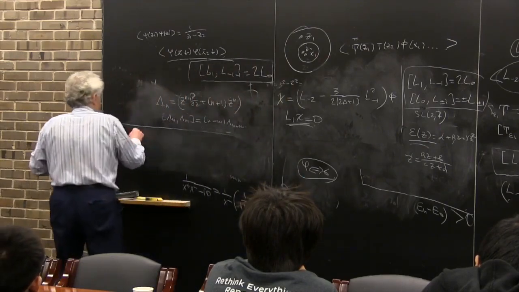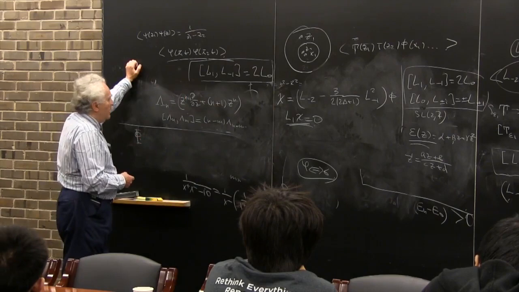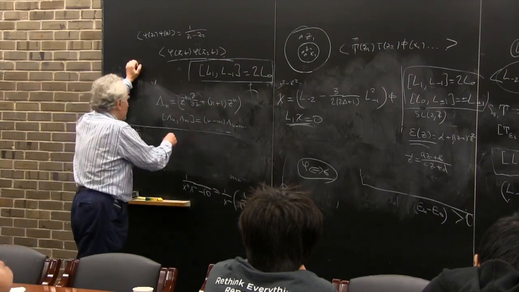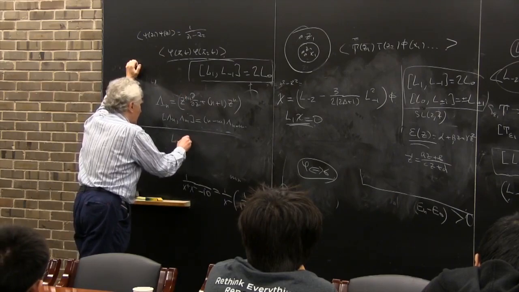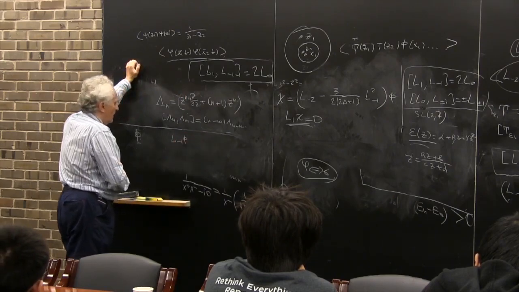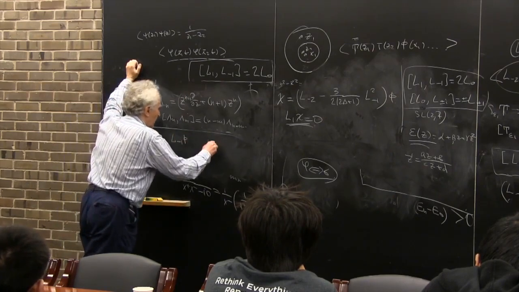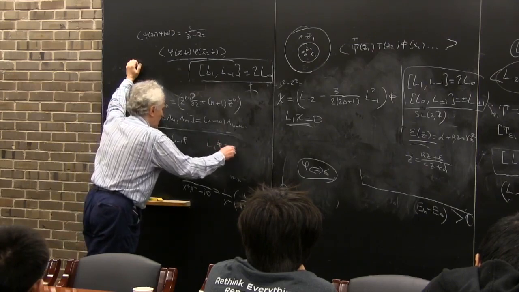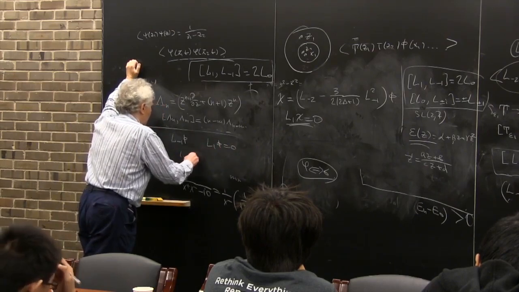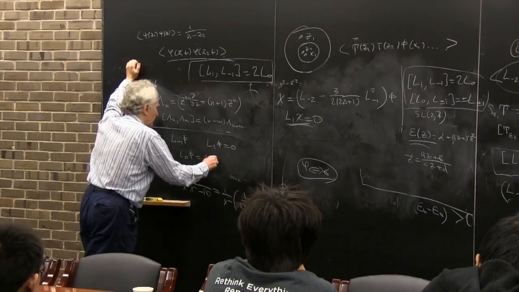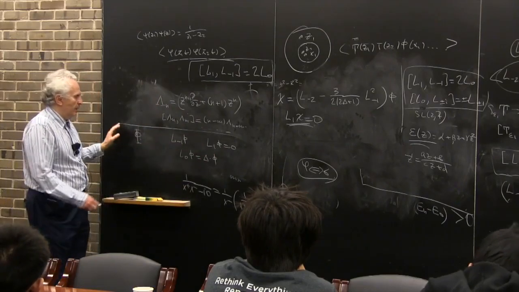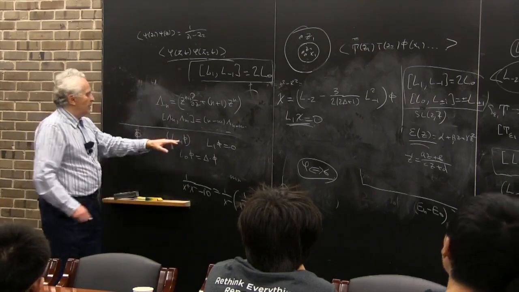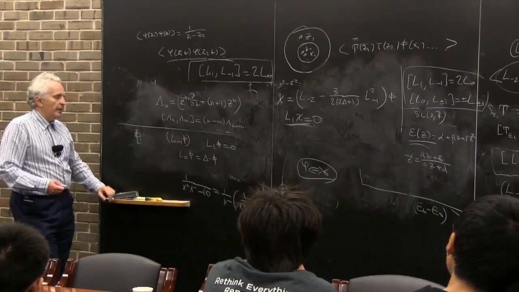Now, the important thing is generally we have descendants L minus 1 phi, and we have L1 phi is 0, and L0 phi is delta phi. And once again, L minus 1 phi is just a derivative of phi.